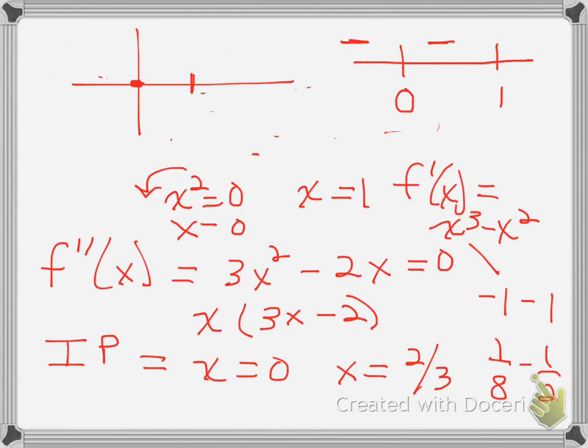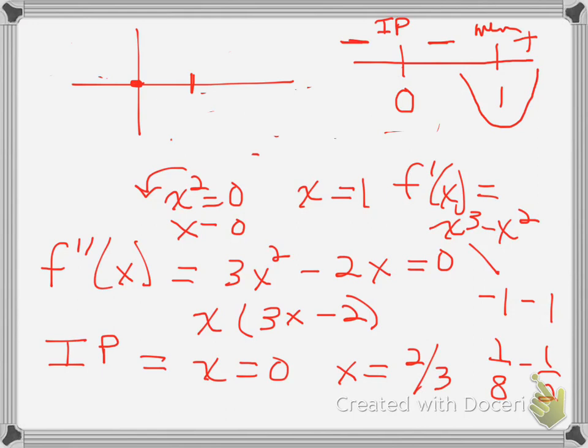What if I put in 2? x cubed is 8 minus 2 squared is 4, so that's going to be positive. So what I have now is an inflection point at 0, and at 1, if my slope was negative and then positive, I must have a min there. So here is the x value of my inflection point, and here is the x value of my min.